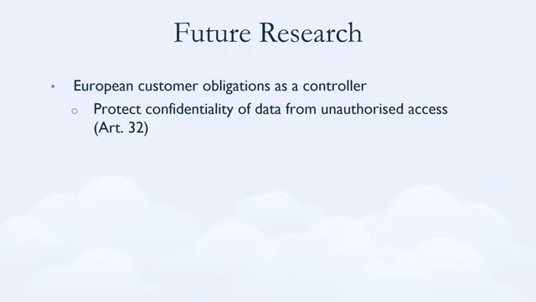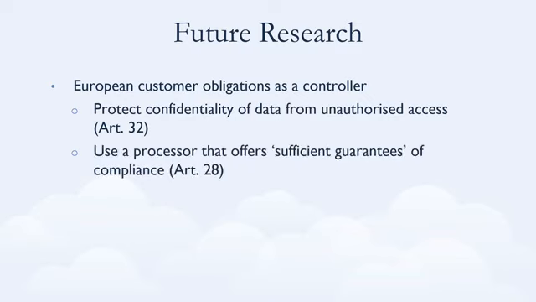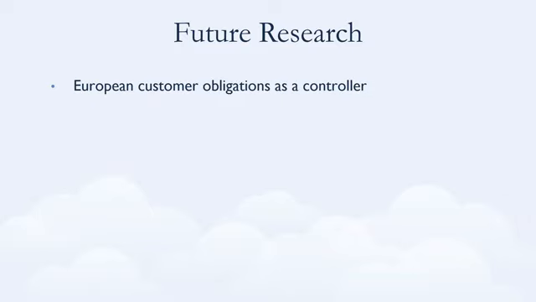What does this mean, for instance, for your duty as a controller to protect the confidentiality of personal data from unauthorized access, including access by foreign governments, and your duty as a controller to use a processor that offers sufficient guarantees of compliance? So especially in those cases of sensitive data, as I said, there's a question whether you as a European controller can use a US hyperscaler.